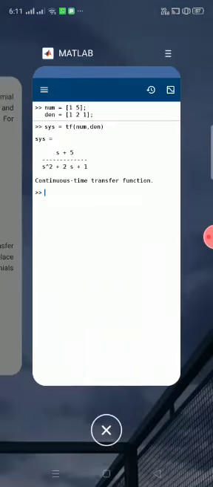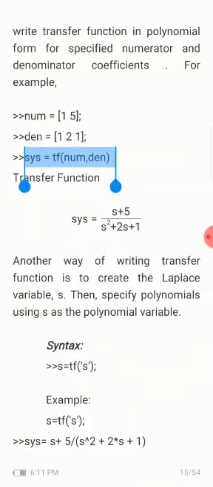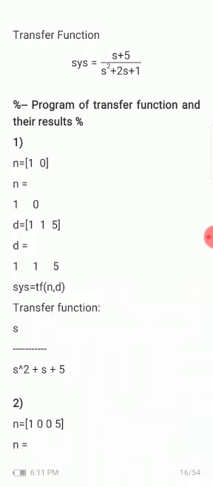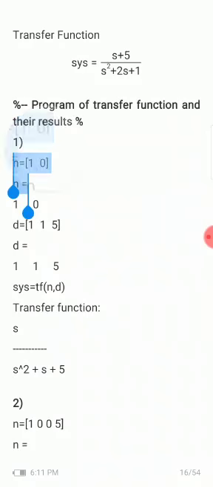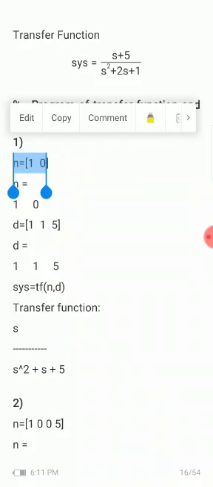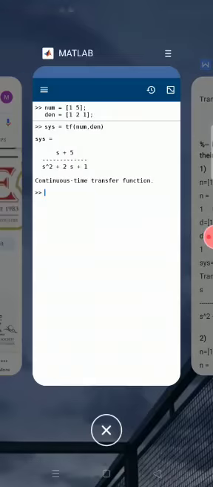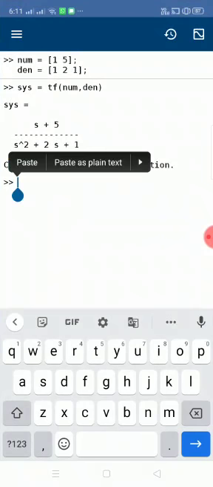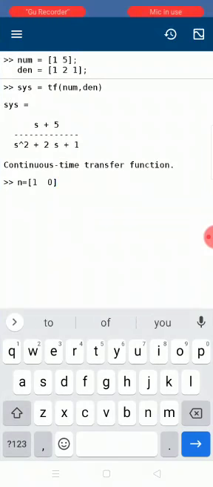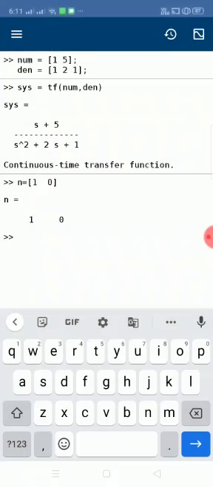Now come to the next command. Let me take n equal to 1 0. I am copying and pasting here this n equal to 1 0. So you can see here the value is 1 and 0.